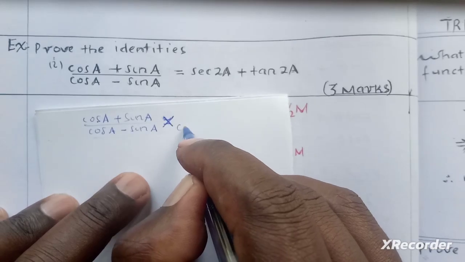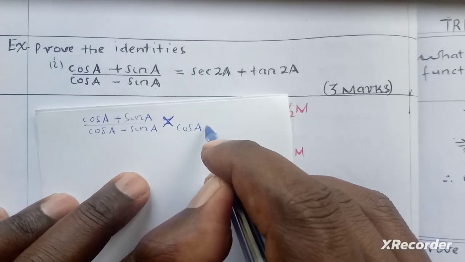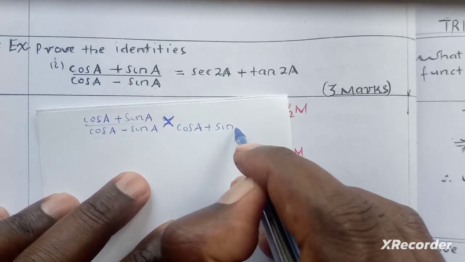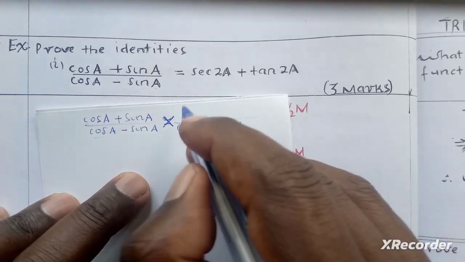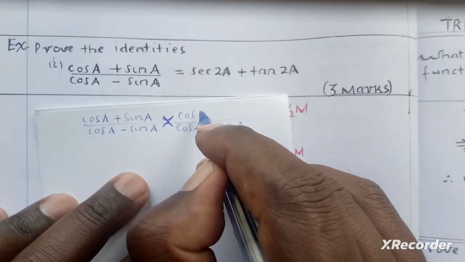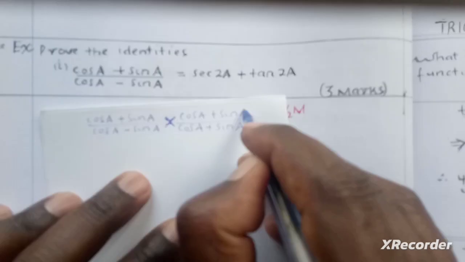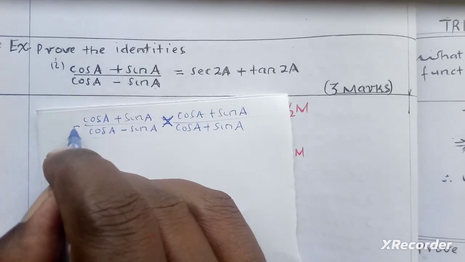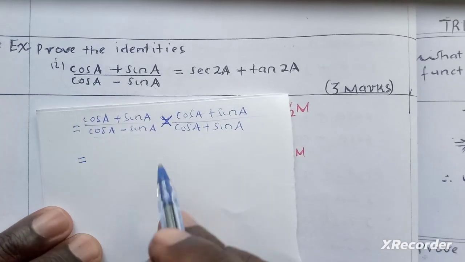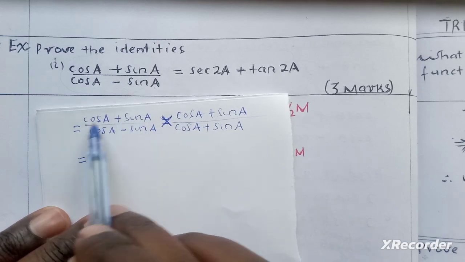This one is going to be cos A plus sin A. You multiply the denominator, you also multiply the numerator, cos A plus sin A. So the denominator will be brought about by the difference of two squares.